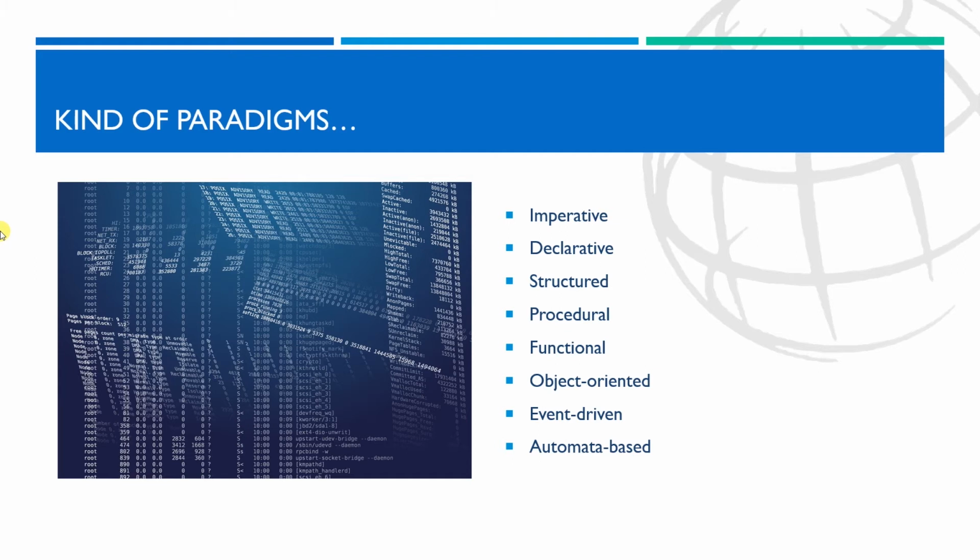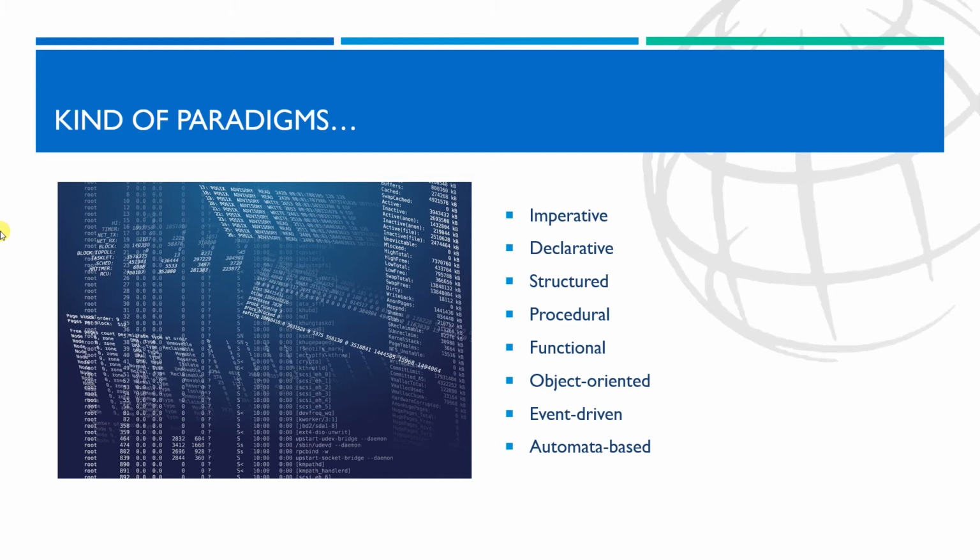And we have procedural programming, which is derived from structured programming and based on the concept of modular programming or the procedure call. C++, PHP, and Python are some languages that are specific to this kind of paradigm.